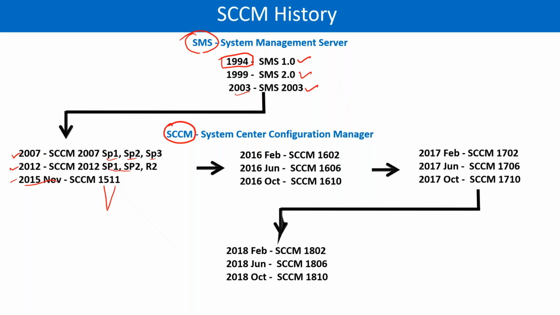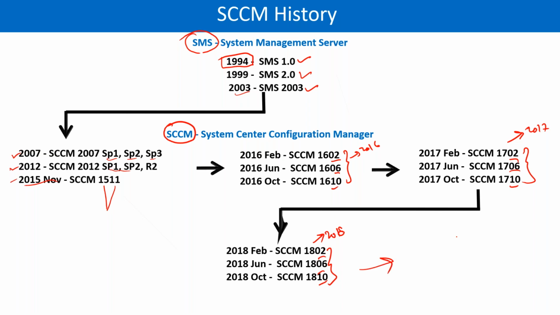What they do is add a couple of features, resolve some known issues, and release SCCM thrice a year. These are the 3 versions released in the year 2016, in February, June, and October. The same for 2017, February, June, and October, and for 2018, February, June, and October.